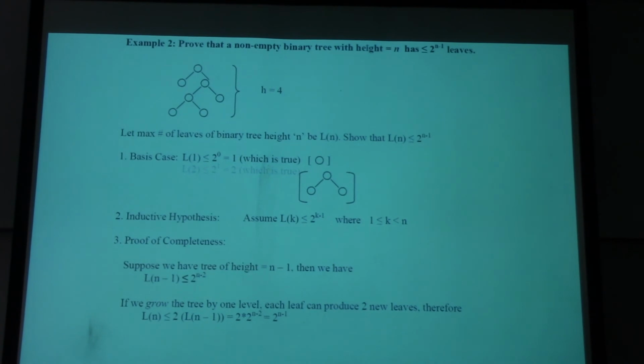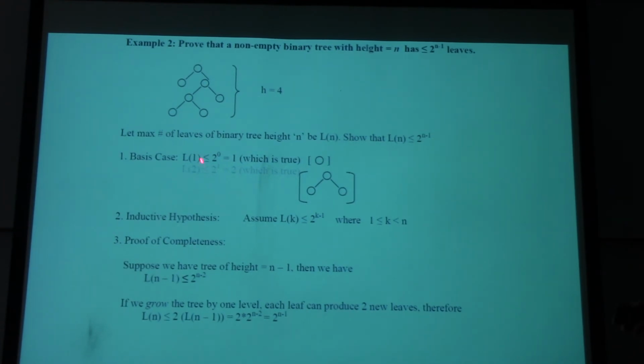We're going to let the maximum number of leaves in a binary tree of height n be L of n. So L of n is the number of leaves at most of a tree of height n. L of n, just create a function, L of n. So therefore, what we really want to do is show that L of n is less than or equal to 2 to the n minus 1. Does that make sense? So we just create a function name for it.